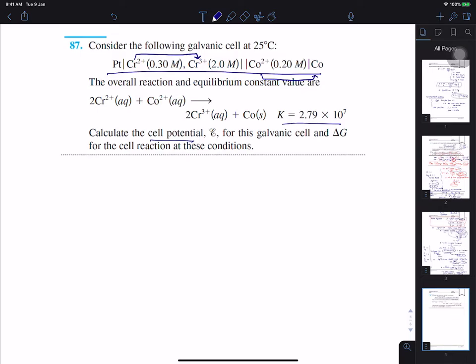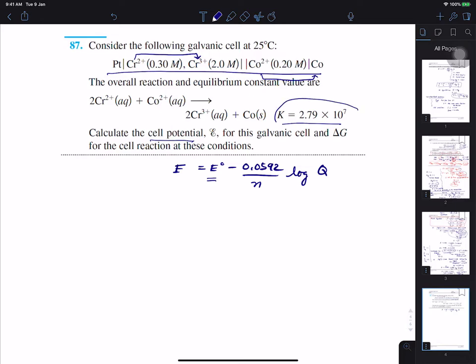Okay, so remember that from the Nernst equation, E is equal to E naught minus 0.0592 over N log of Q. So that means we need an E naught value. If this is the only thing missing, we don't have to worry.